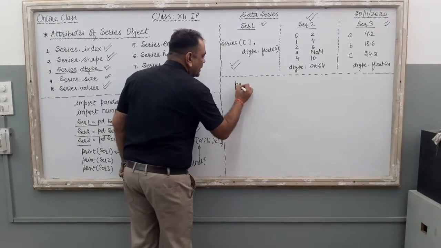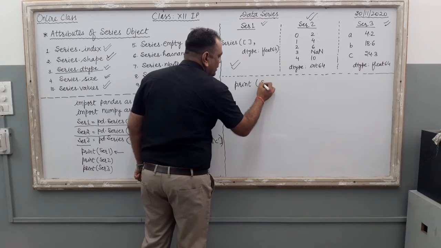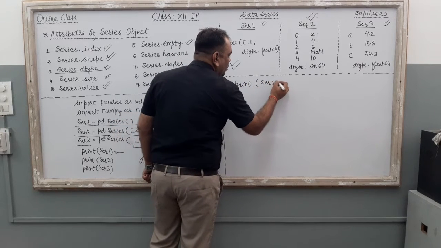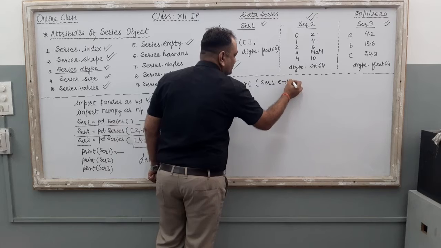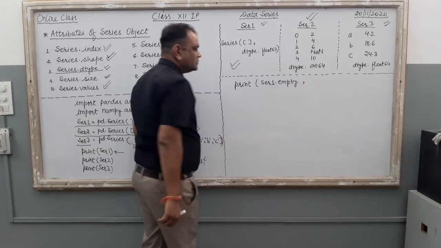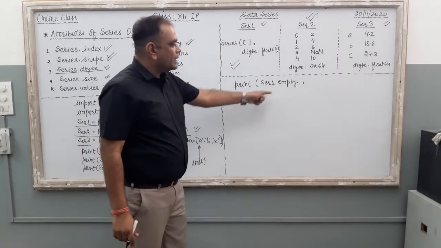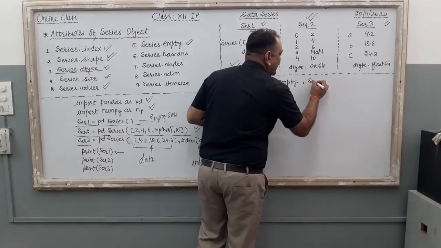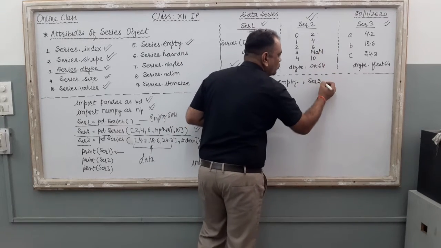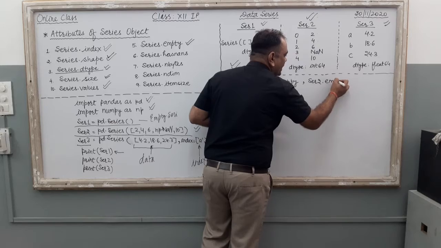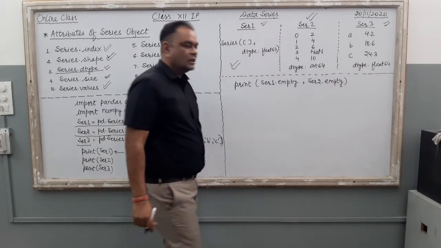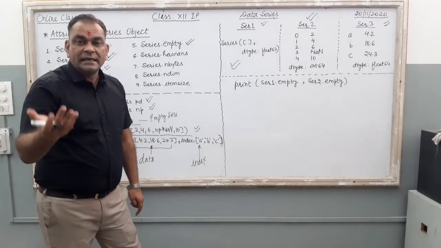I do one thing, I use the print command: print ser1.empty, comma, ser2.empty. This is series 2 dot empty. I use this with print. Now print means something will appear on the monitor.